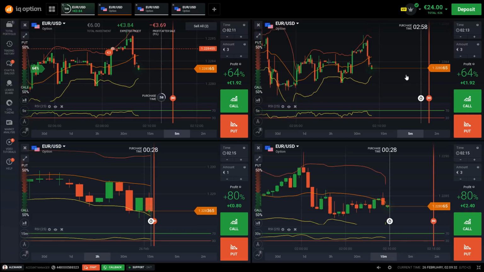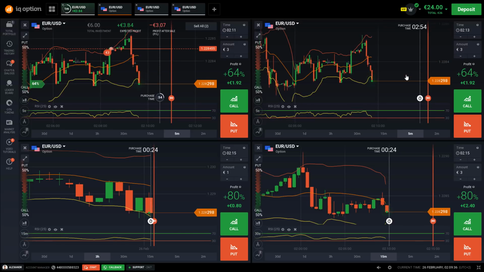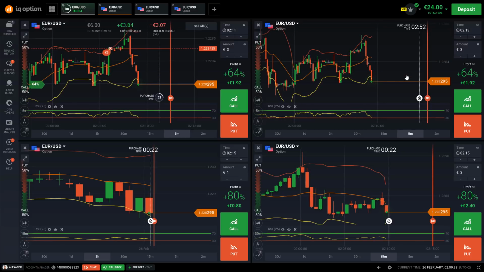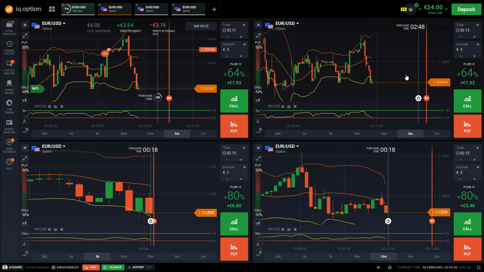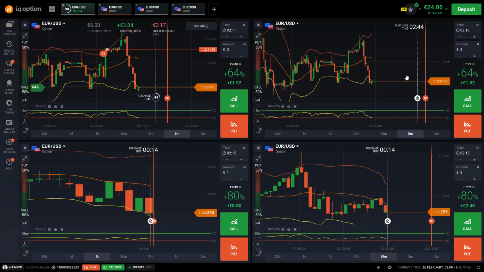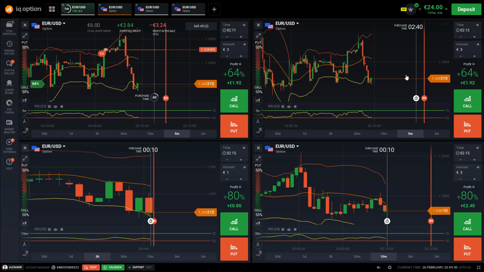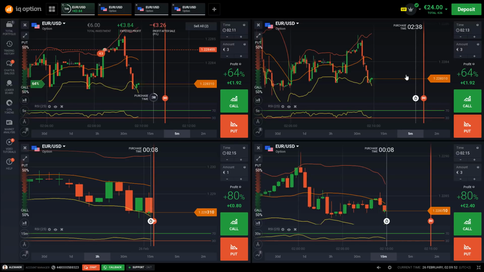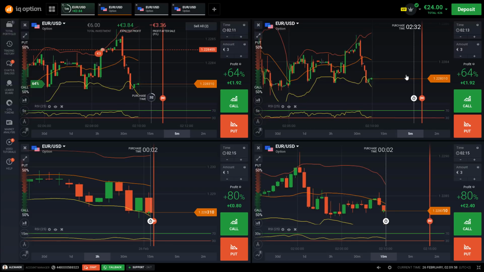So anyway, it reversed pretty strongly from the top to the bottom, as I expected. So the next question is if I had the correct expiry time or it was too long. Now it hit the bottom RSI, so it's bouncing back to the green.